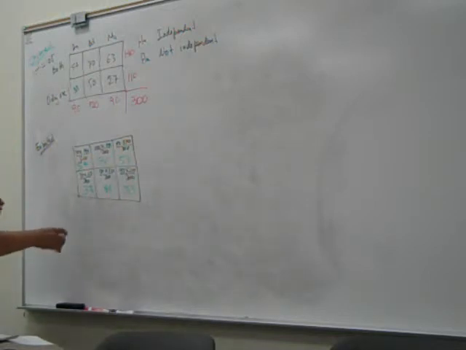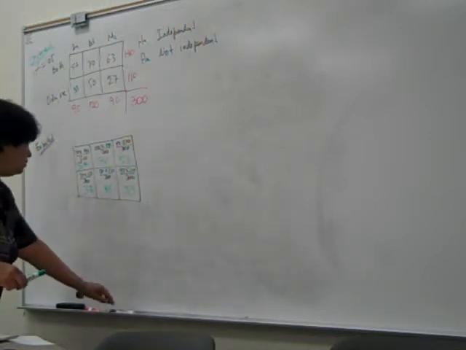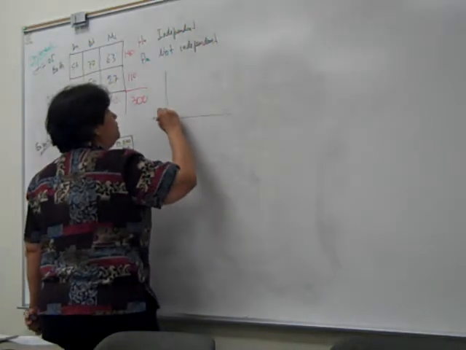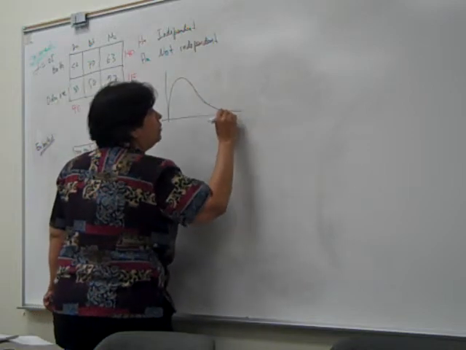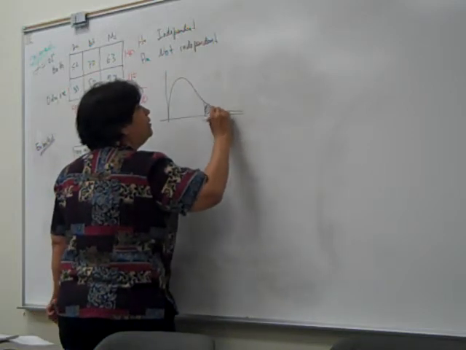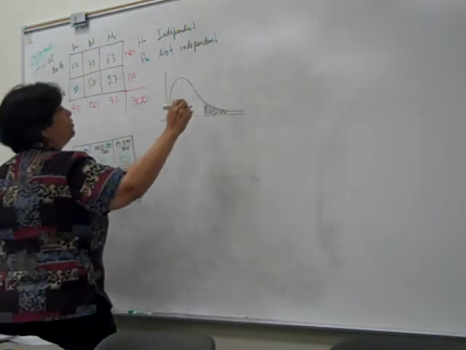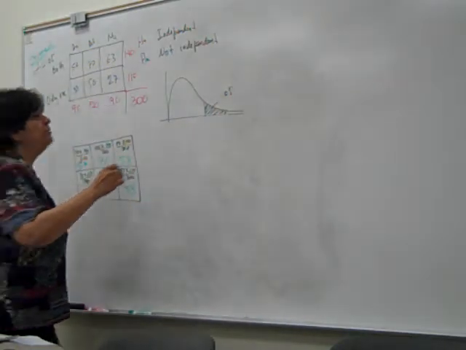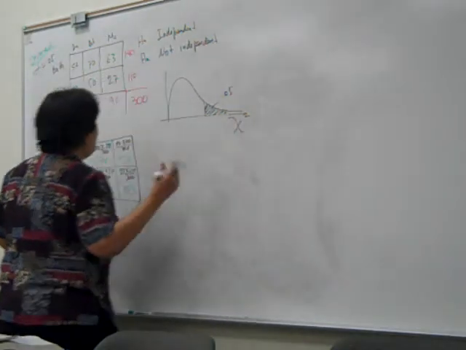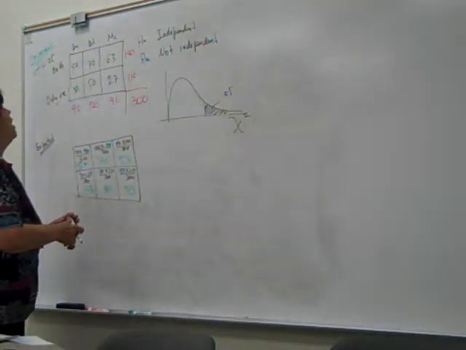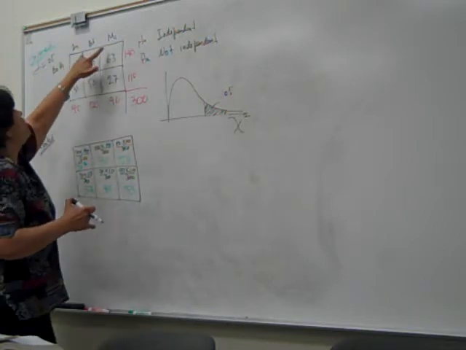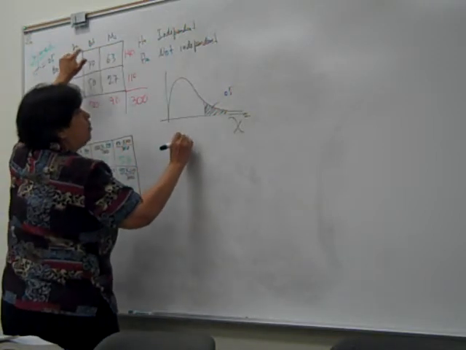Now, first of all, we need to know the chi-square critical value over here. We know that alpha is equal to 0.05. They already gave it to us. But how many degrees of freedom? This is a chi-square. How many columns do we have? 3 minus 1.